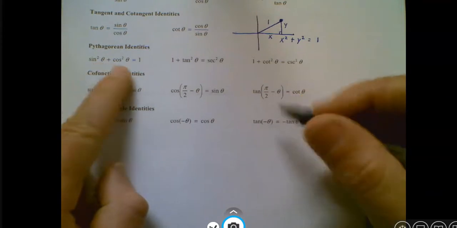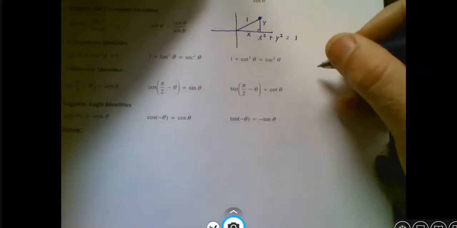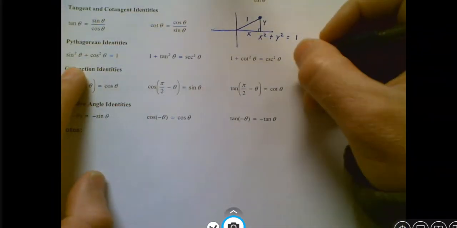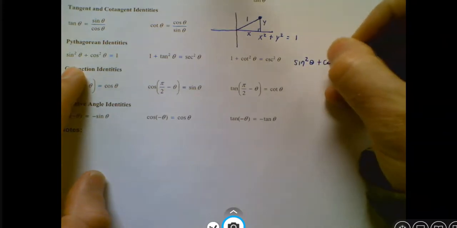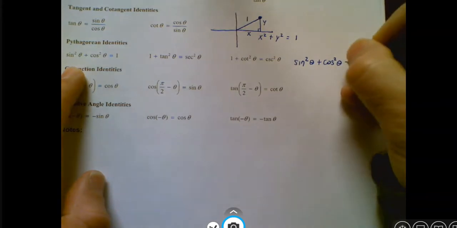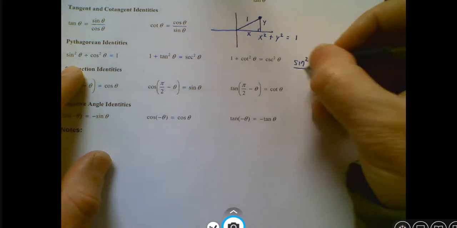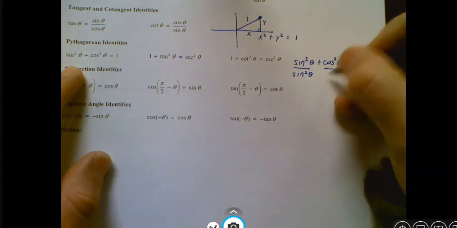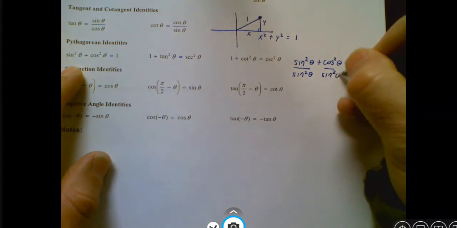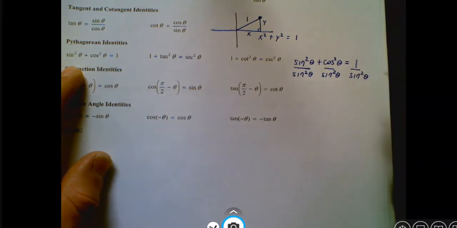If I were to take these values, sine squared plus cosine squared equals 1, let me do this over here off to the side. If I were to divide everything in that equation by sine squared, it gives us another identity. So I'm going to divide everything by sine squared. So it looks like this.